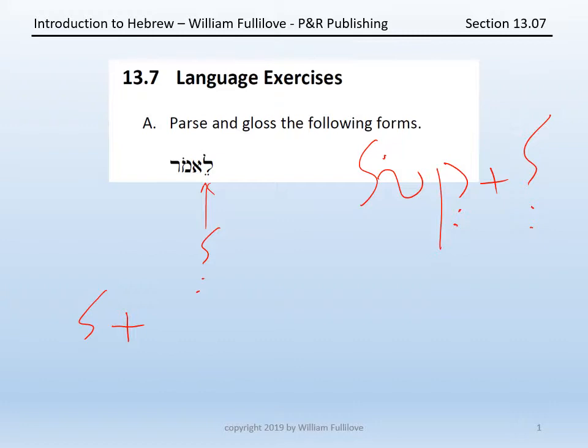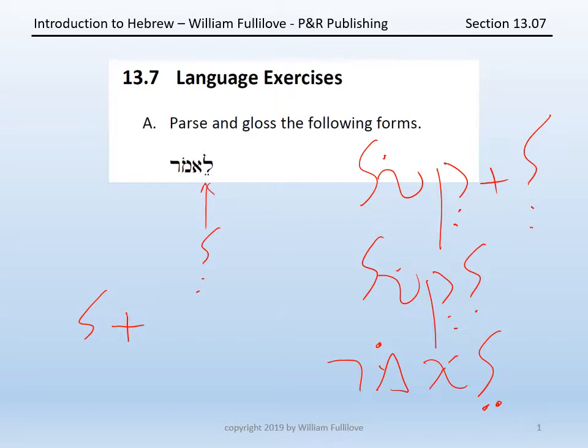Given that typically we'd say lik-tol, I might expect li-mor. However, the presence of the aleph, remember, changes how the rule of sheva functions, and we get lay-mor.